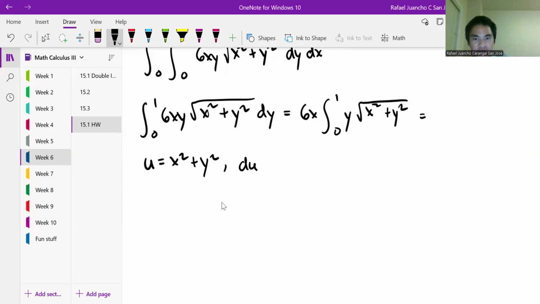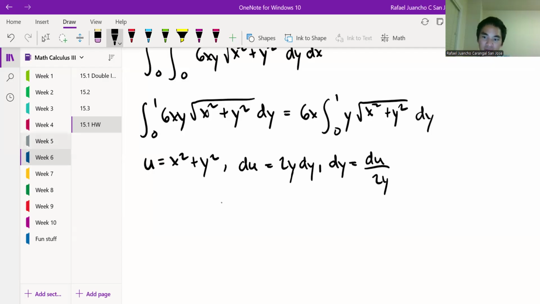And so that means my du, I totally forgot about the dy here. Oh, I can actually do it. So my du is 2y, right? X squared is nothing because that's a constant. 2y dy. And so my dy here is du over 2y, right?